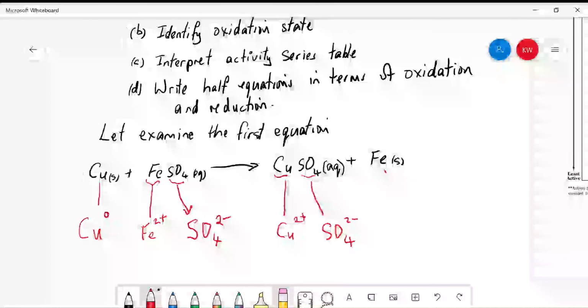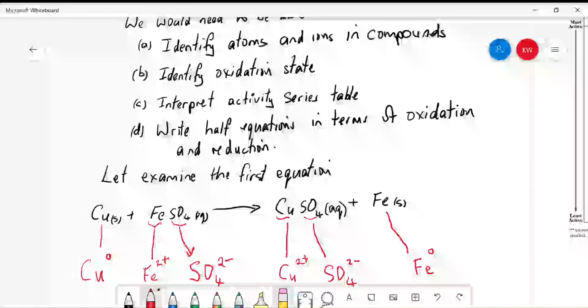And also iron existing by itself has an oxidation number of 0. So let's look at what we're able to do. We can identify the atoms and ions in the compounds. We identify the oxidation state. And the next thing we need to be able to do is interpret the activity series table.